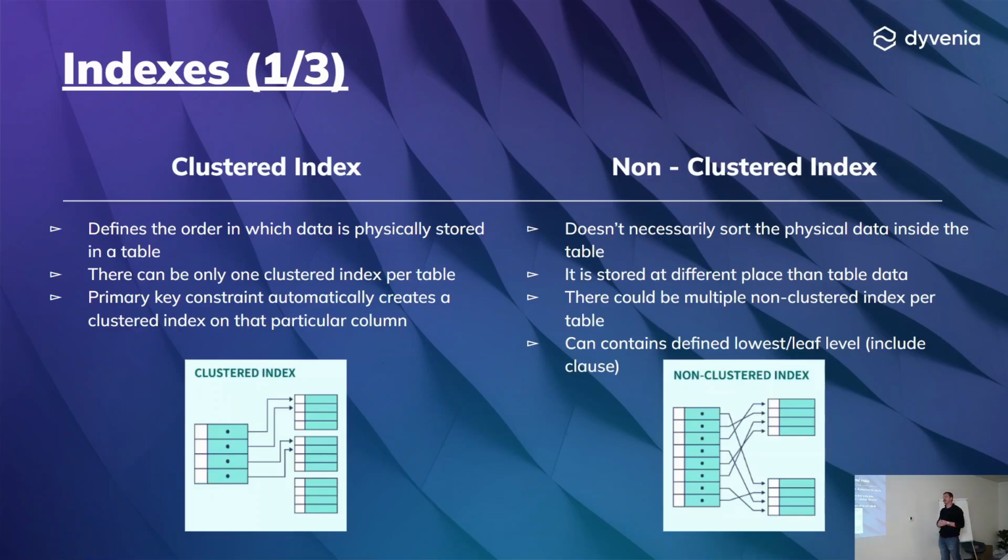Plus, we can also imagine that the default clustered index on each table is the primary key. It's not that it always has to be like that, but in general, when we are creating a primary key with a constraint function, we're also creating a default clustered index. And exactly like in the book, the clustered index on the table can be only one, and it is stored on the server.